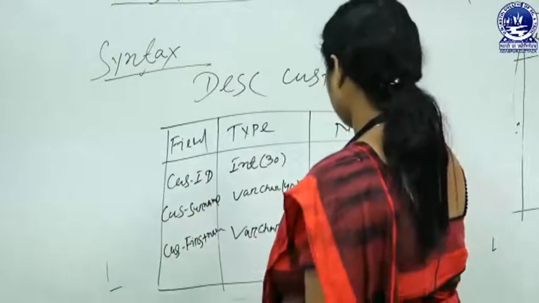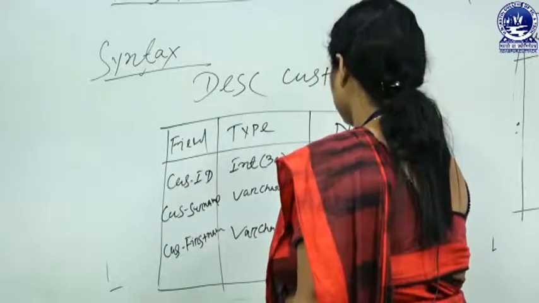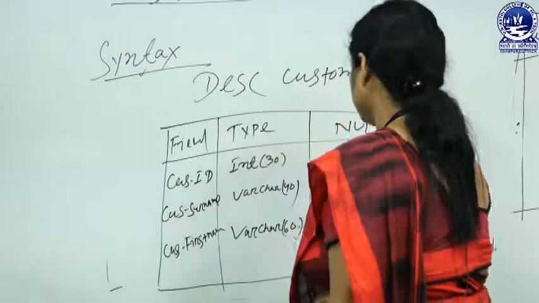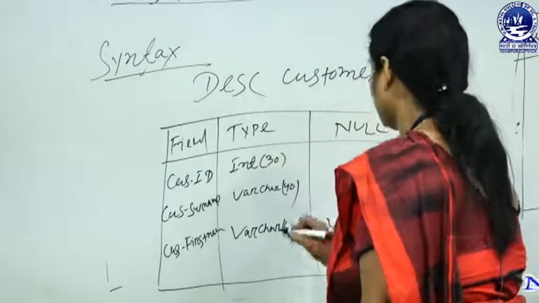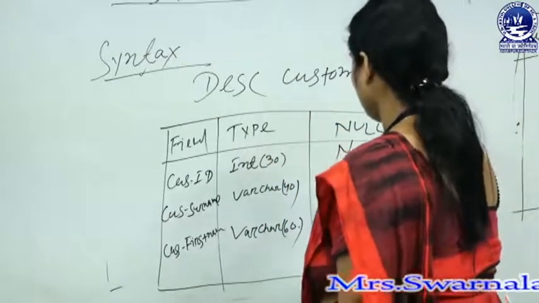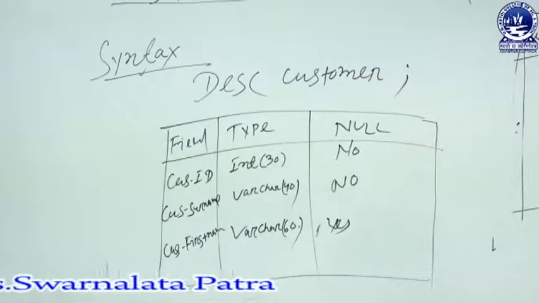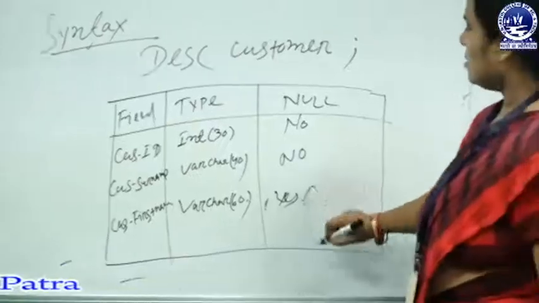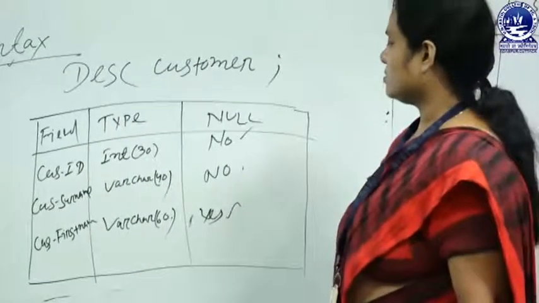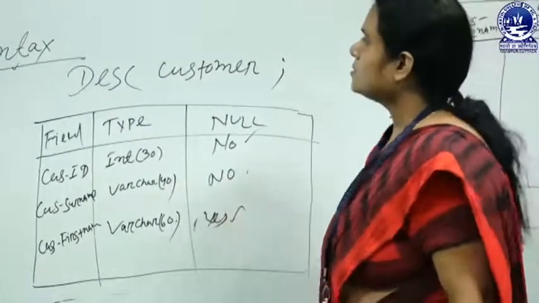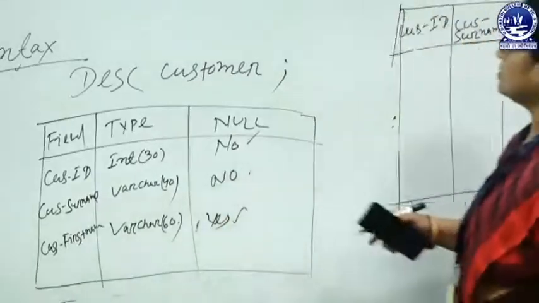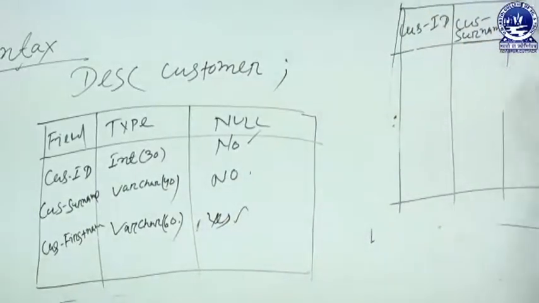Here this is null, yes, and this is not null, no. This is the syntax to modify a column of the table.